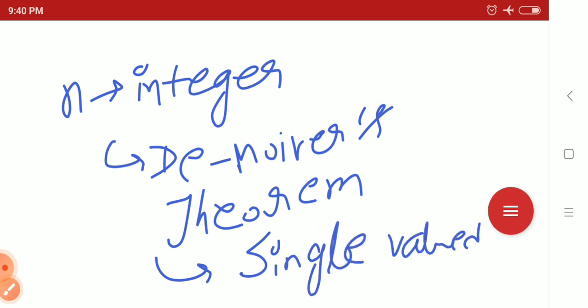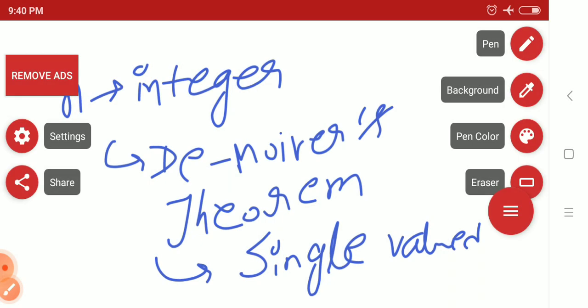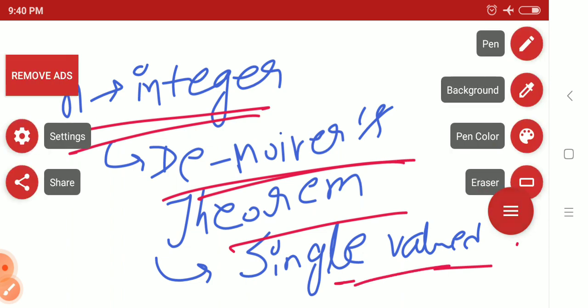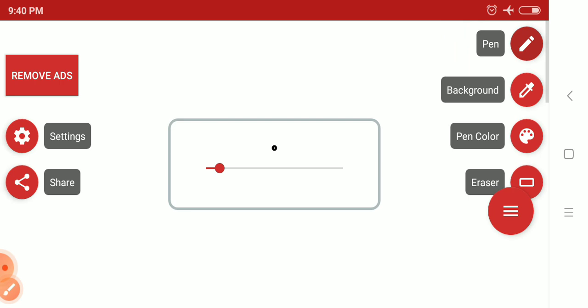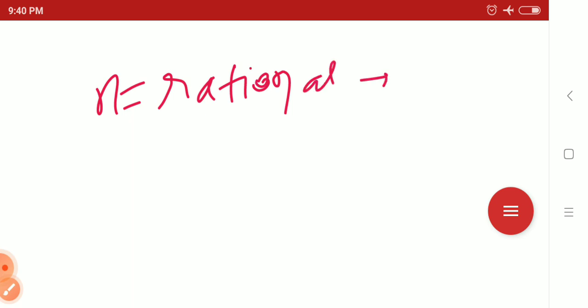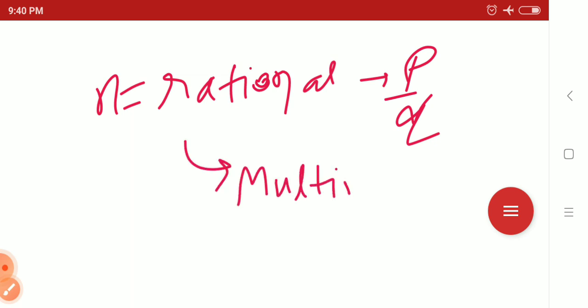Very important thing here. And if n is a rational number, meaning any number that can be expressed in terms of p by q, then for De Moivre's theorem it will be a multi-valued function. So this is actually the formula of De Moivre's theorem.